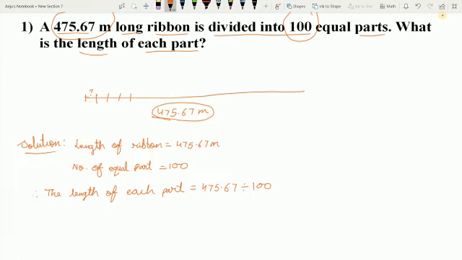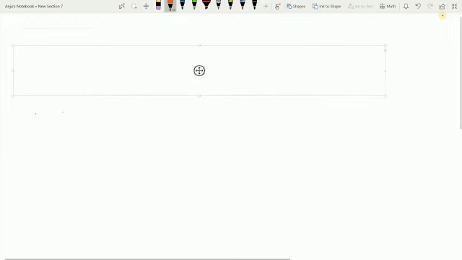So here we are dividing by 100, so the decimal point will move 2 digits. So where will the decimal point come? It will come ahead of 7. So the answer is 4.7567 meter. Thus, the length of each part is 4.7567 meter.